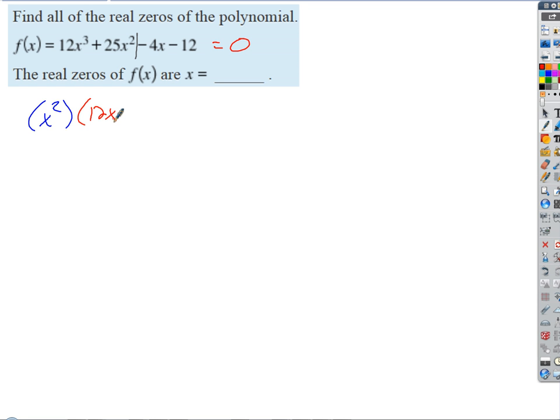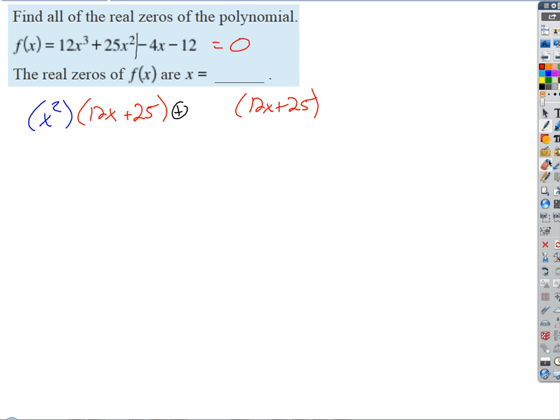And what's 25x squared divided by x squared? 25. So there's the leftover. Now from group 2, we'd have to get the same leftover. But that's not going to work, is it? Not going to work at all, because there's nothing I could put out front. What times 12x is negative 4x? Already we've got problems. So it's not going to work.